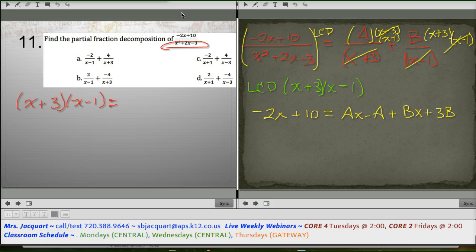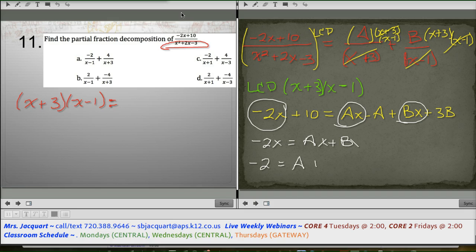Okay, then the next thing you're going to do is group parts together. I'm going to have my negative 2x equal my x's. So I have negative 2 equals A plus B. And then we'll go ahead and do the constants by themselves. So 10 equals negative A plus 3B.